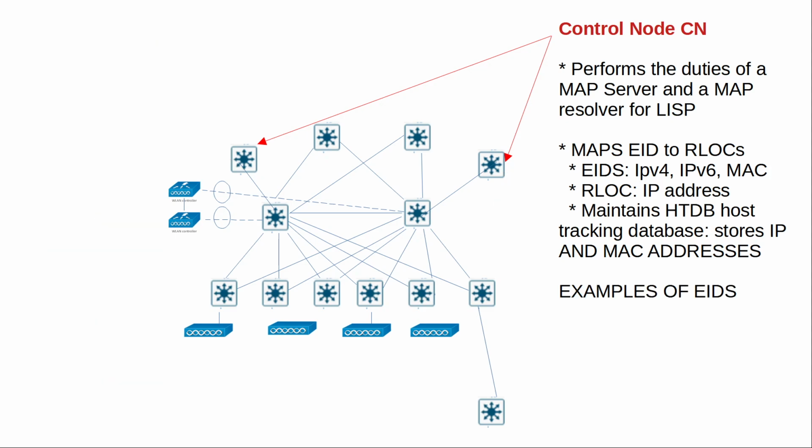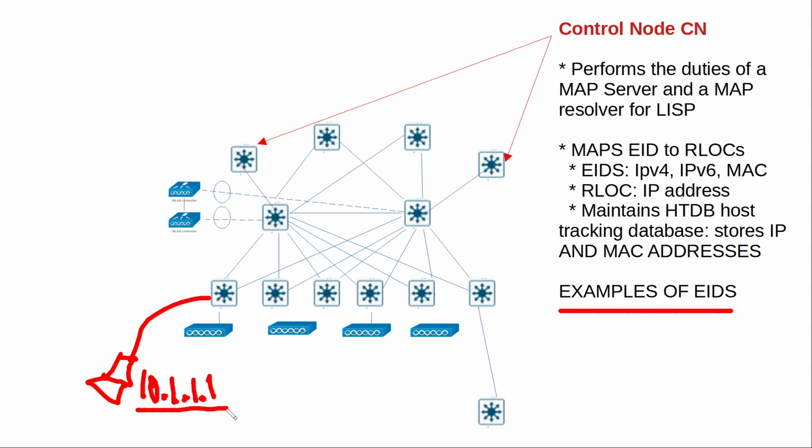So what are examples of endpoint IDs? For instance, if I connect here a laptop that has the IP address 10.1.1.1, that could be an example of an endpoint ID. But if I connect here another device that has the IPv6 address of 2001, that could also be an endpoint ID.